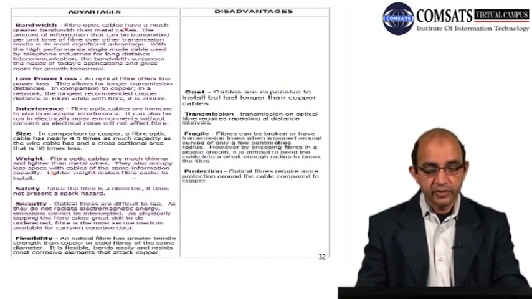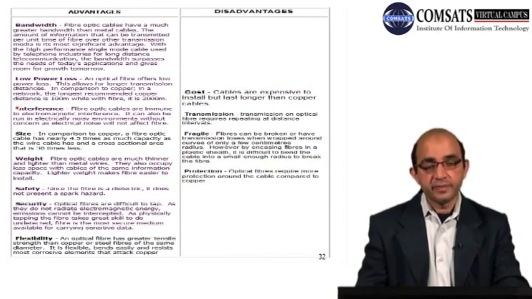So first, one of the big advantages, it can support more bandwidth, right? So it means we can have huge data rates, right? And then low power loss. That's why we need repeaters only at very, very long distances.